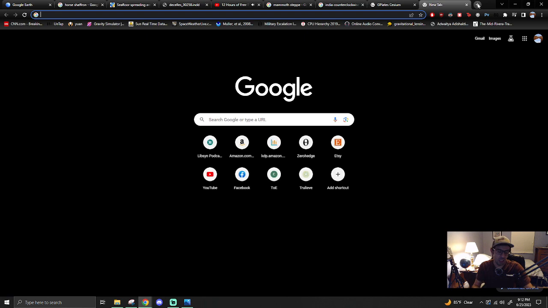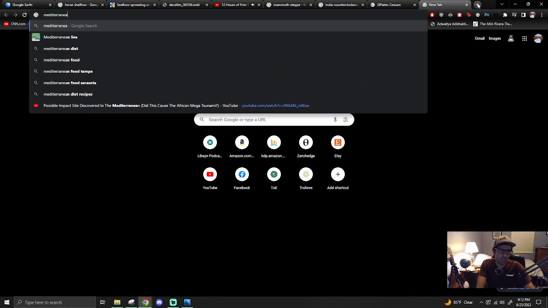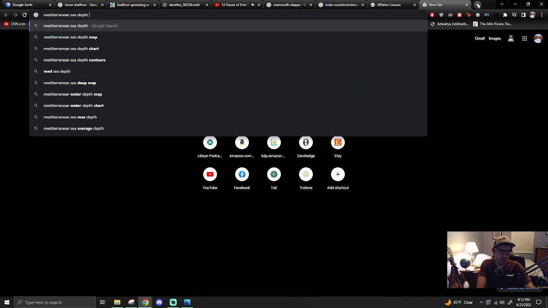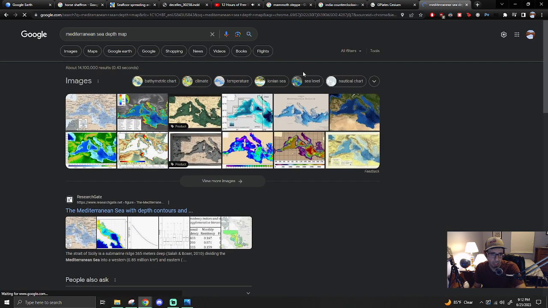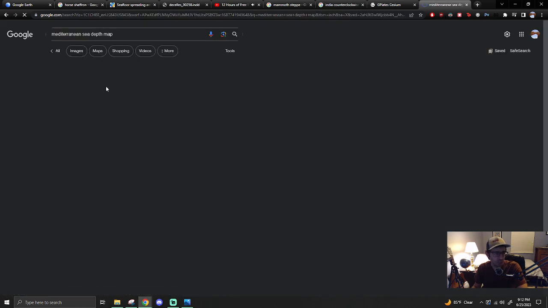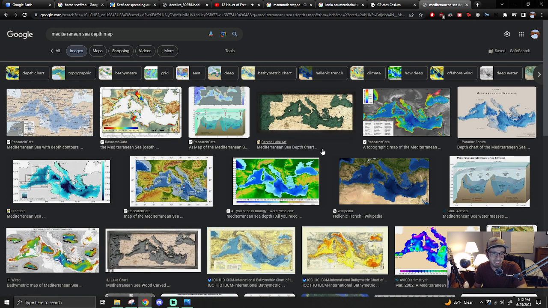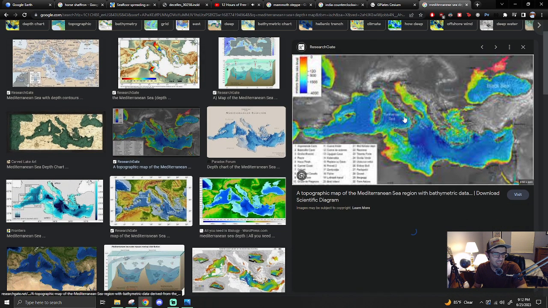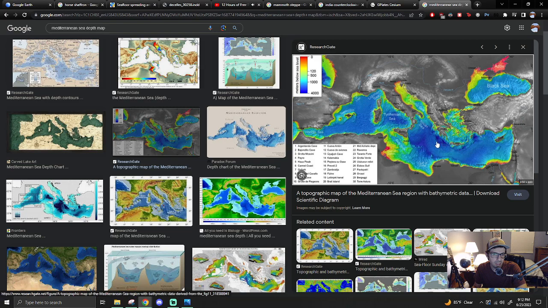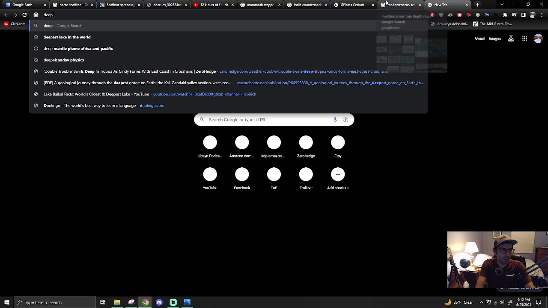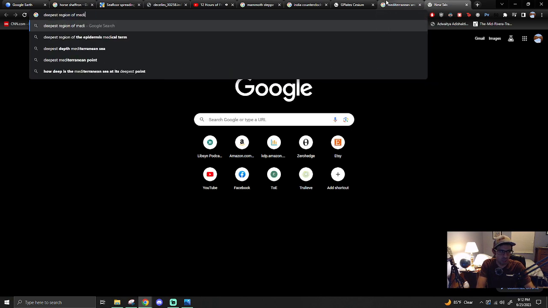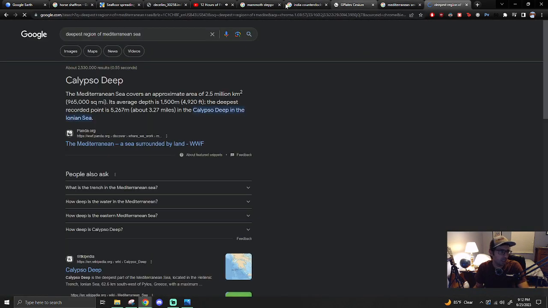Let's see. Mediterranean sea depth map. I'm seeing that it's already feasible by the image, so I feel safe, I guess. Let's just see. Deepest region of Mediterranean Sea.